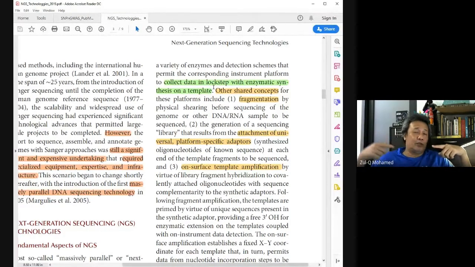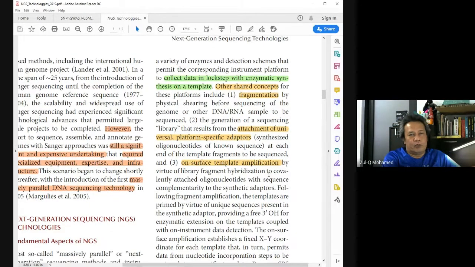Remember, when you do sequencing, you have to have primers for synthesis. And number 3, on-surface template amplification. Regardless of whether it's a chip, as in Illumina, or beads, as in Roche, it needs amplification. These are the three main steps required.